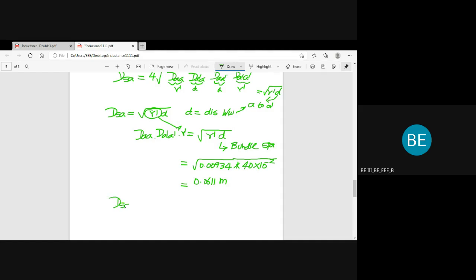So we can find DSA value. So DSA value will be square root of R dash D. So this DAA R dash we have find out, 0.0611 into D. So D here, so that is distance between conductor A to A dash. So what is the distance between conductor A to A dash? 6 meter.